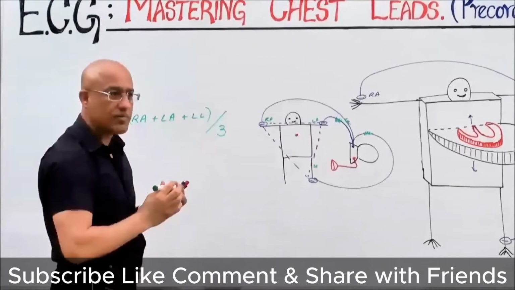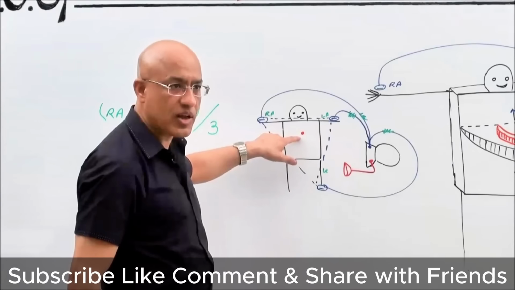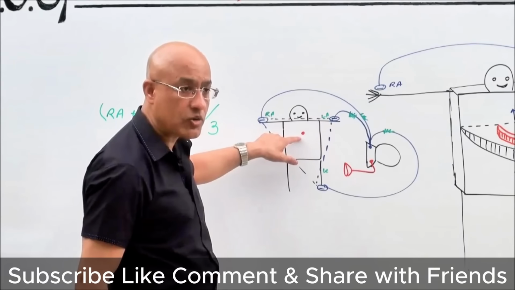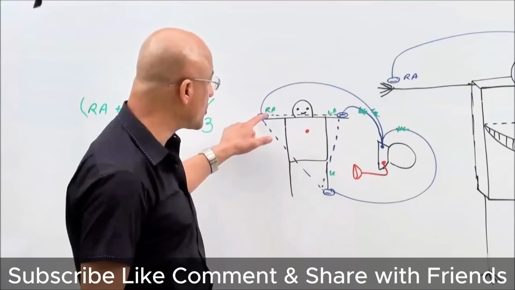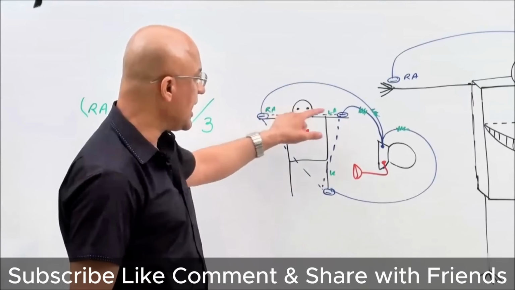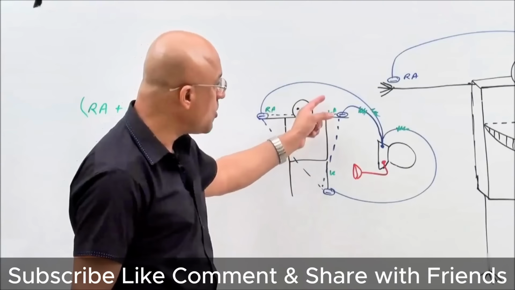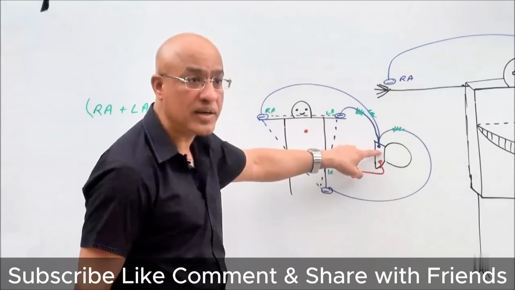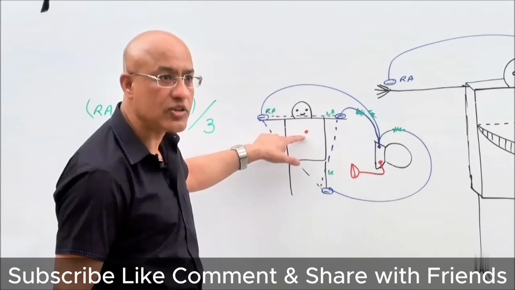When we average them, the potential at the center of the triangle is almost 0, because these 3 electrodes pick up the same potential and make an average through the common terminal. And it is almost near 0.